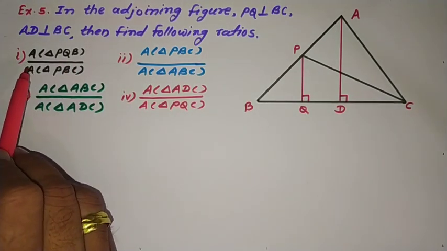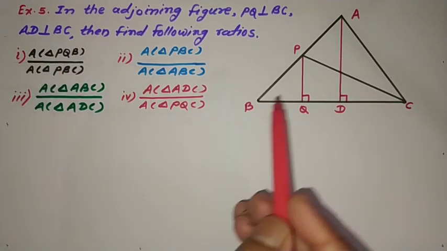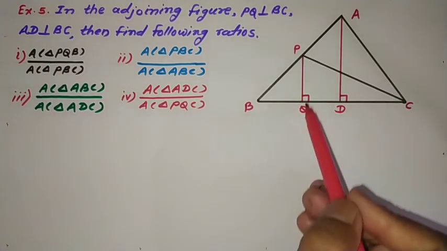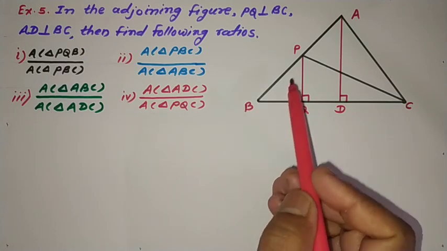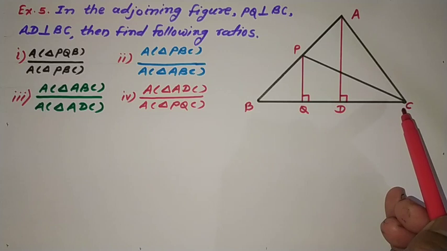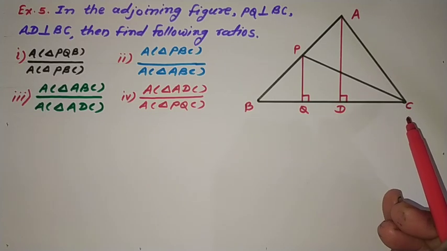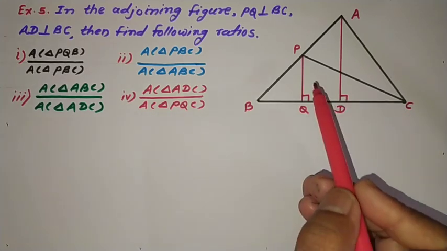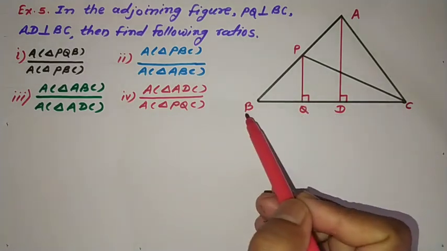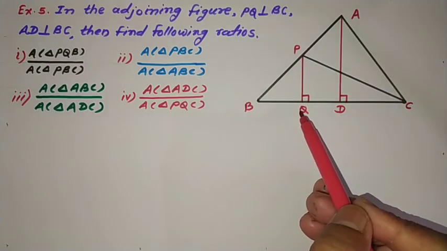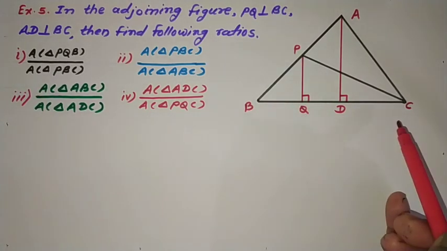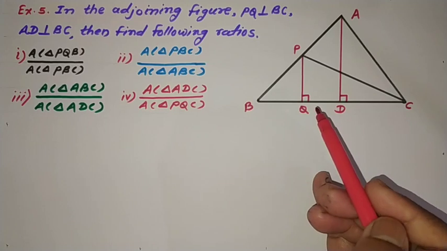First, the area of triangle PQB and the area of triangle PBC. In these two triangles, observe that the height of the first triangle PQB is PQ, and the height of the next triangle PBC is the same.